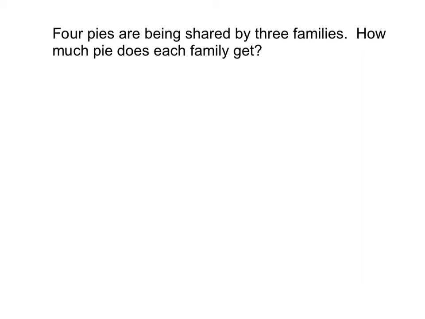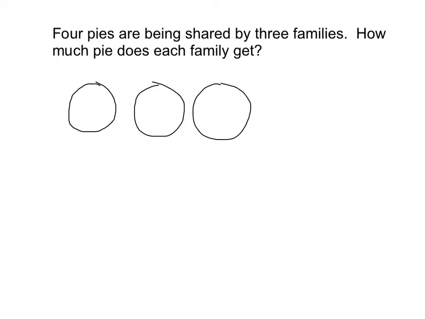So my first example is just to show that if we had 4 pies being shared by 3 families, and we wanted to know how much pie everybody got, I could draw my pies. There's 1, 2, 3, 4. Obviously, each family would get 1 pie.